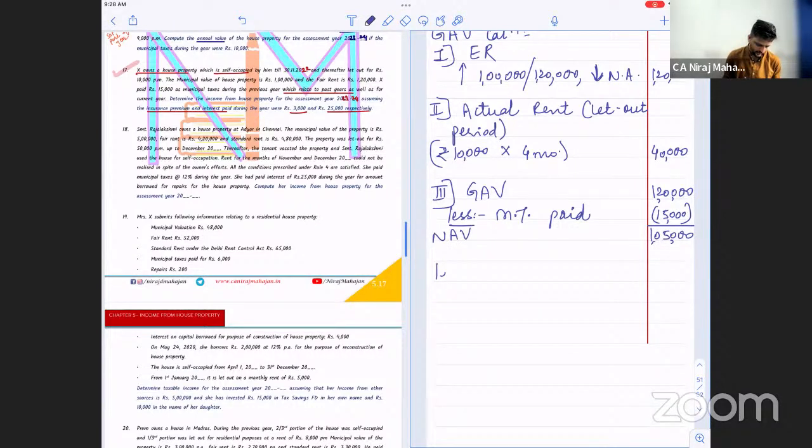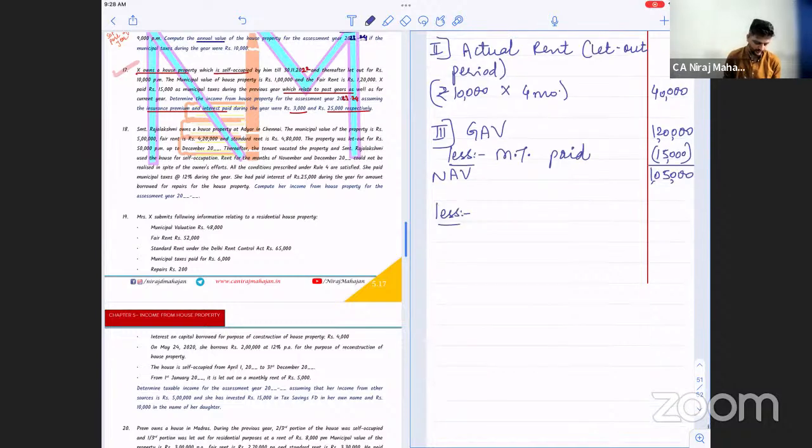Less what? Deduction under section 24. I hope all of you covered the answer or copied the answer in a notebook. Okay, quickly. Standard deduction at the rate of 30% of NAV is what? 31,500.